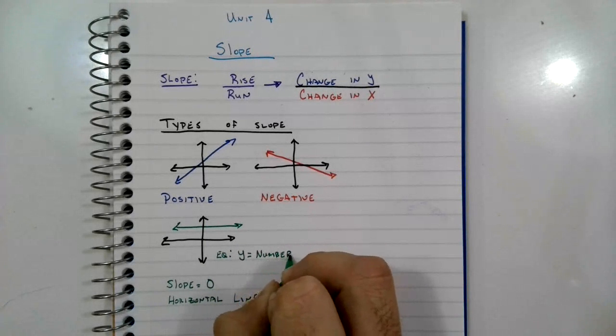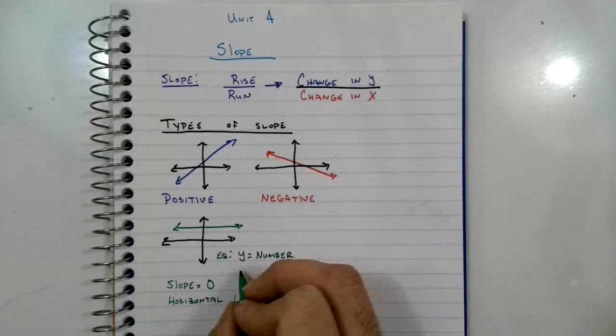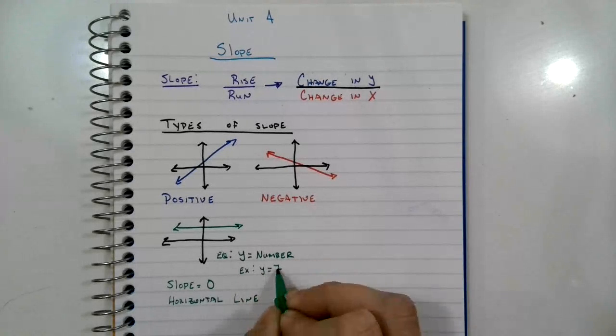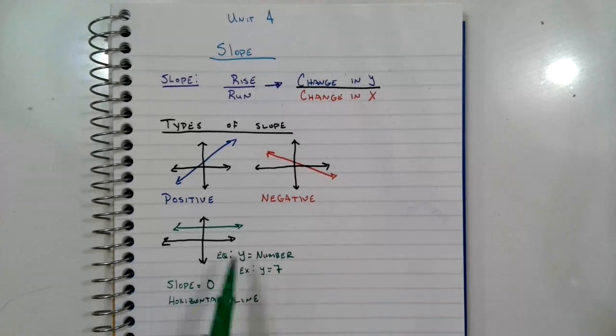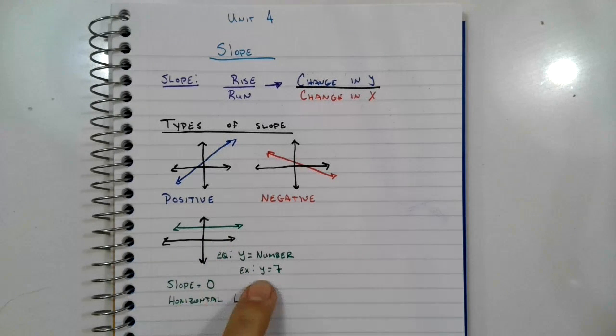Any number. So an example of that would be y equals 7. If this is y equals 7, it's a horizontal line. You go on y, go to 7, straight across. So any horizontal line has a slope of 0, and your equation would be y equals just a number.